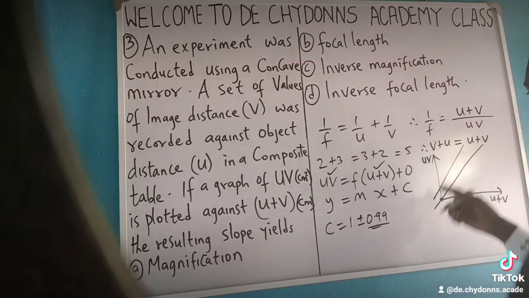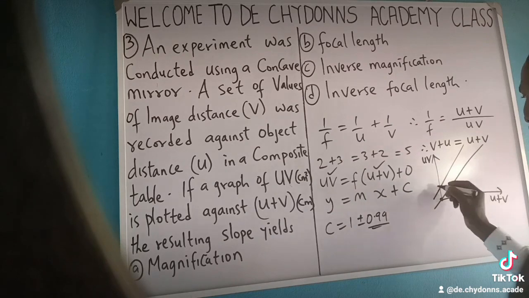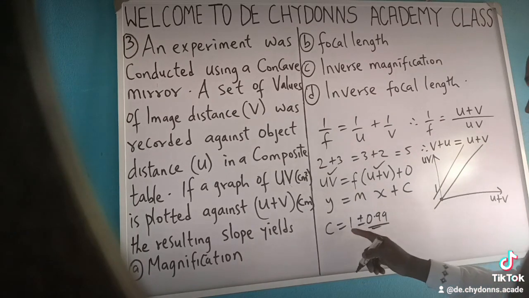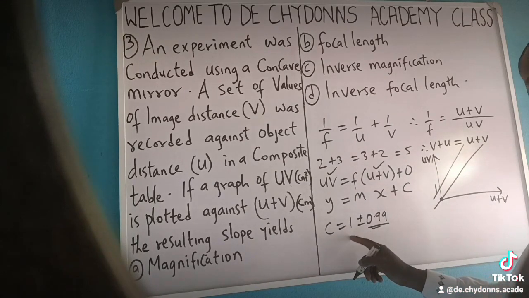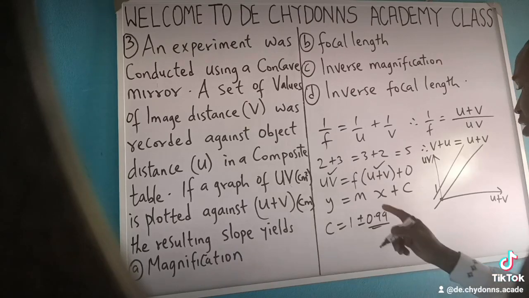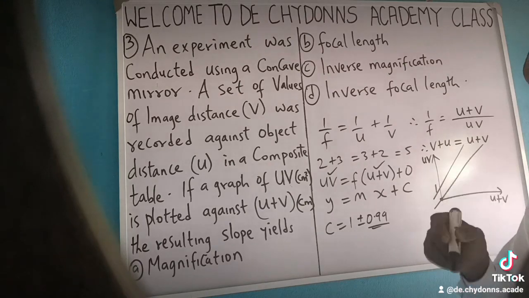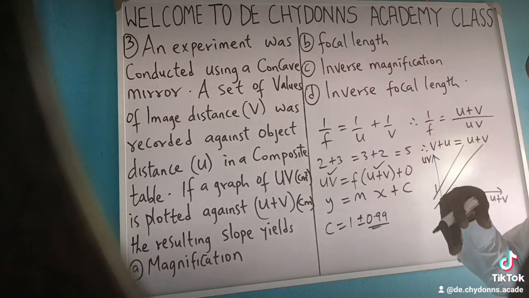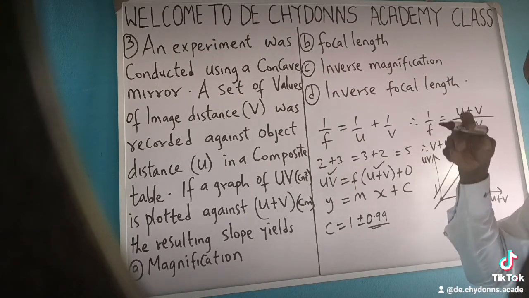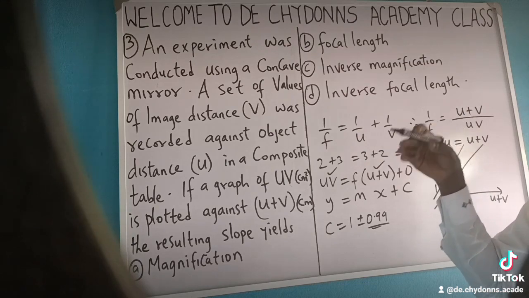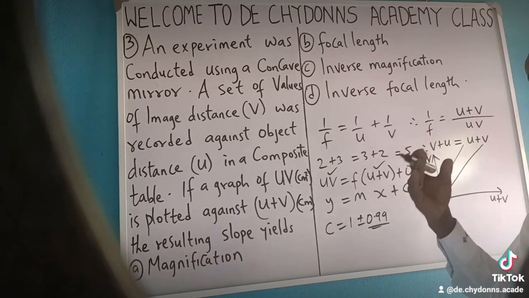If it didn't pass through the origin, note where it passed. Let's say here is 1. Say I have the intercept to be 1. Are you getting it? Then I must get the error in the intercept. Check our videos on our channel; you will see videos where we show how to find the error in the intercept. Watch them and see what to do.